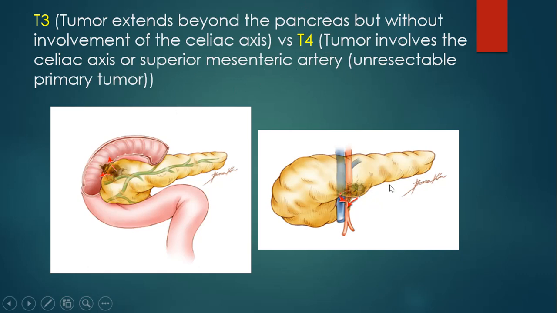You can see here the superior mesenteric artery, this red line, and the tumor has actually invaded into it, and then they are termed as irresectable because of the involvement of the vascular system of the pancreas. It becomes irresectable.